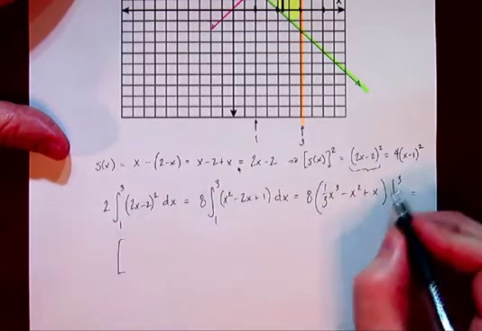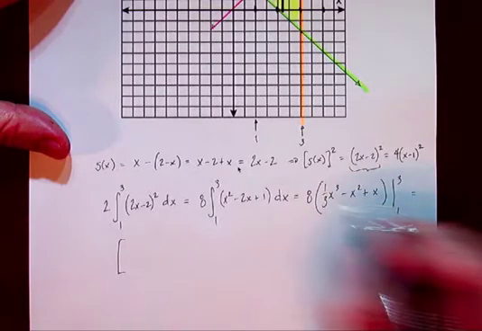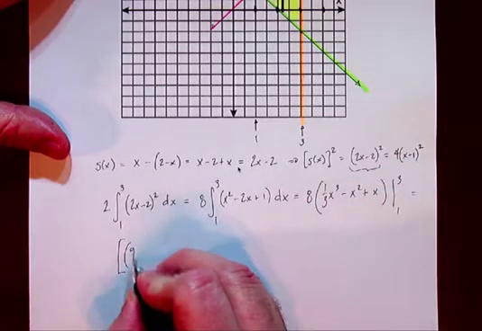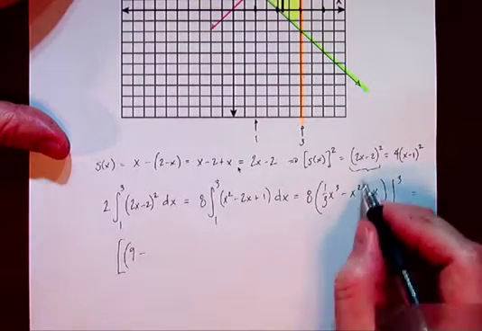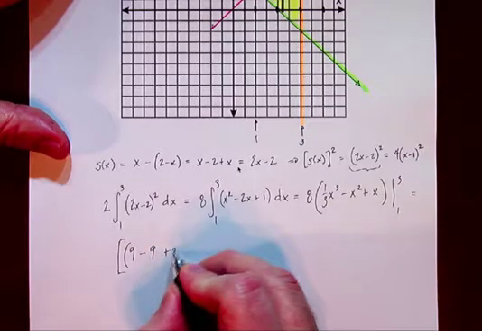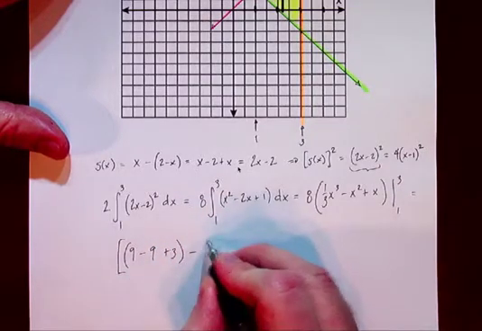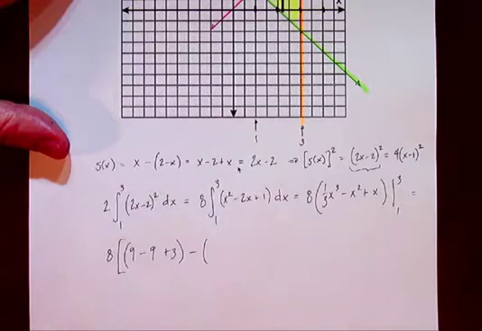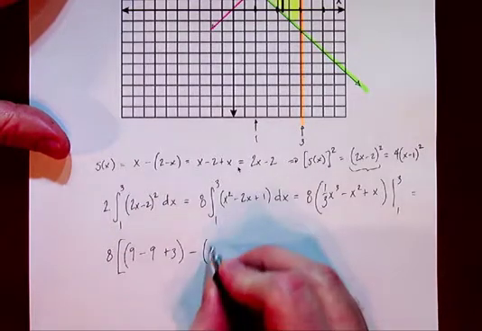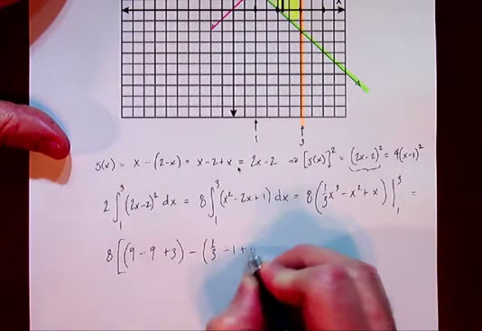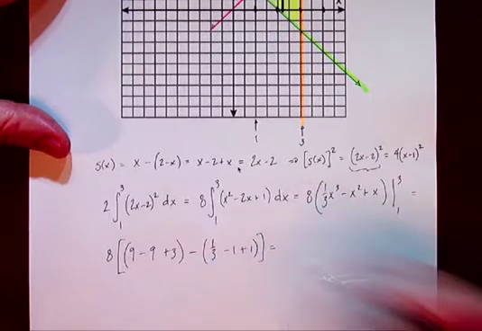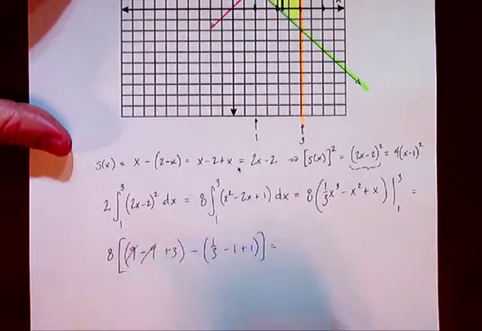Now, when I plug in, 3 cubed is 27, but 1/3 of that is 9. 3 squared is 9 plus 3. And then, almost forgot to put the 8 out in front. Very, very important. 1/3 minus 1 plus 1. Now, this 9 and negative 9 cancel.